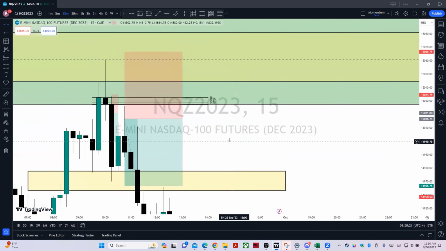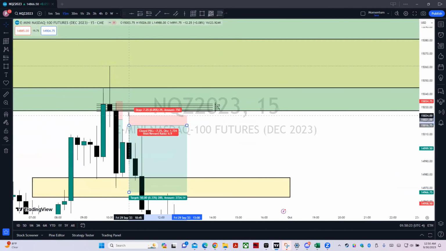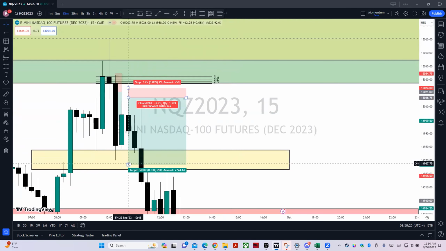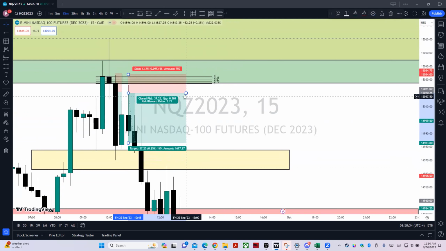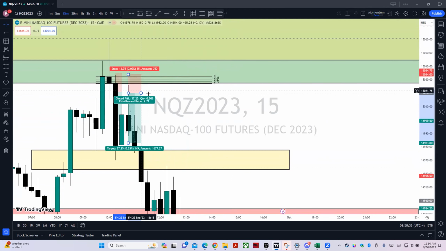I was like, ooh, more. This is going to give me another opportunity. So where was my stop loss? Above. Now, it was a wicked stop loss, but we caught another 30 bars.